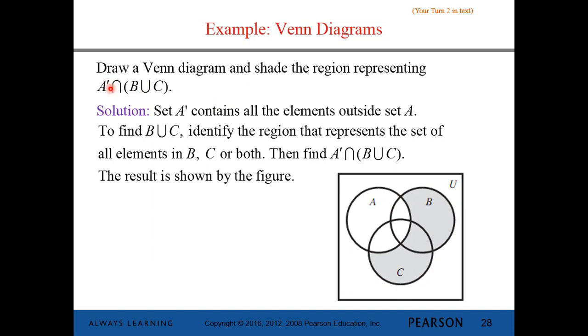And then we're going to intersect that with not A. So we want only that piece that is the intersection of B union C and not A, everything outside of A and in B union C. Well, the only piece that does that is this shaded region here, everything in here.